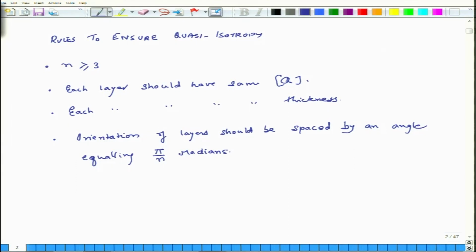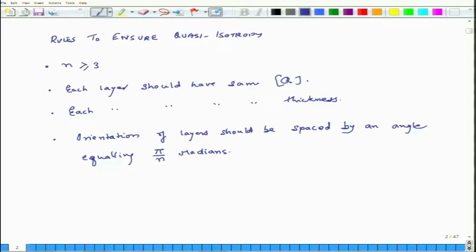So, if you have a 3 layer system, then maybe the first layer is 0 degrees, second layer is 60 degrees, third layer is 120 degrees, like this. If you have a 4 layer system, then 0, 45, minus 45, 90 or things like that. So, some examples. For a 3 layer system, we will have 0 and then plus minus 60, because minus 60 is the same as 120 degrees.